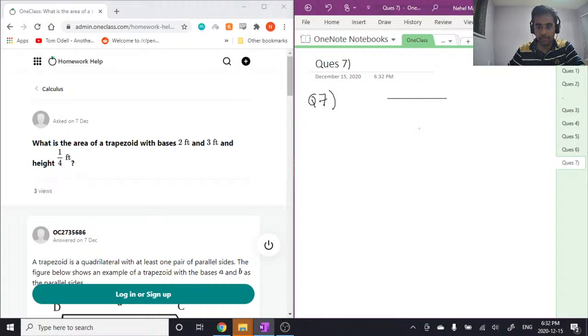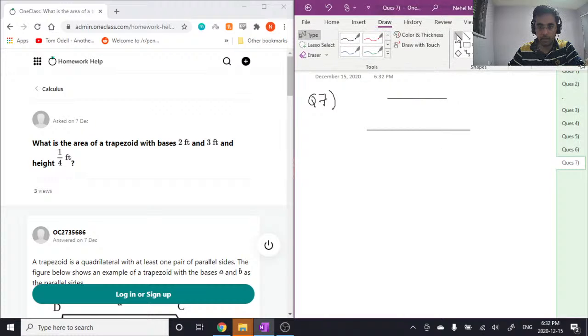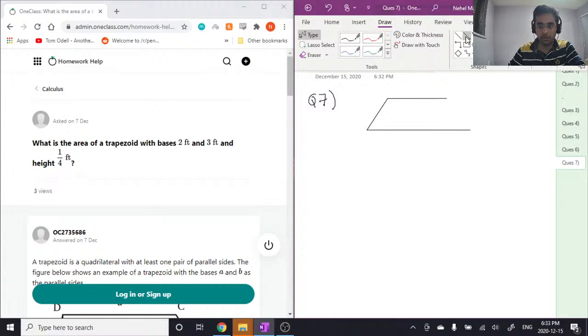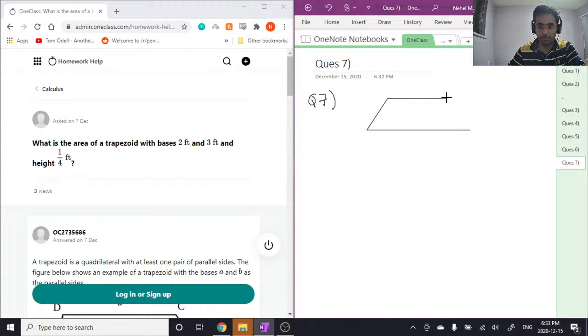Okay, now this side will have to be longer. Okay, so that's our given trapezoid, and we know that the bases are 2 feet and 3 feet respectively, and the height is a quarter foot.